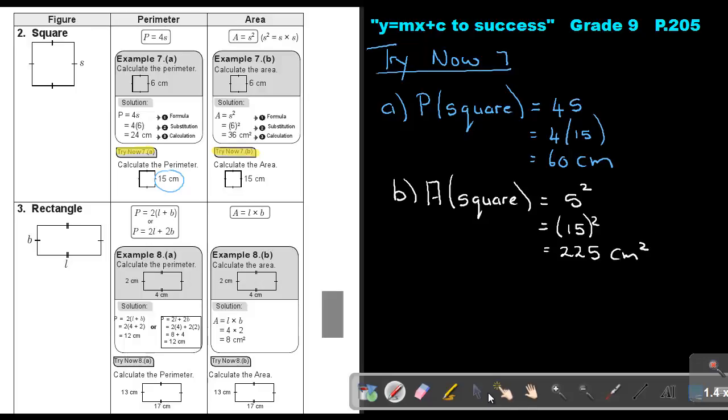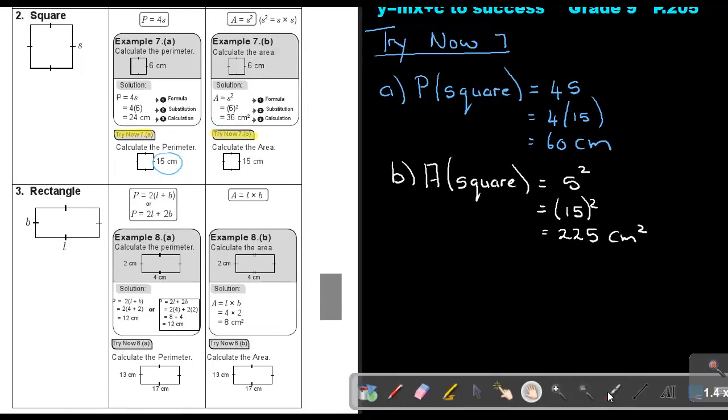Okay, let's look at the next one. The rectangle. The rectangle, the opposite sides will be equal. So what's the perimeter? It is 2. I must add up the length plus the breadth and multiply it by 2, or 2 length plus 2 breadth. Okay, let's calculate the perimeter.